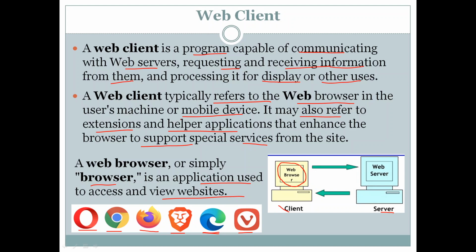On the server machine we have a web server, which is also a program, and upon receiving a request from the client, it sends a response back to the client. And what the web browser does is simply display that information on the screen. Okay, so this is about the web client.